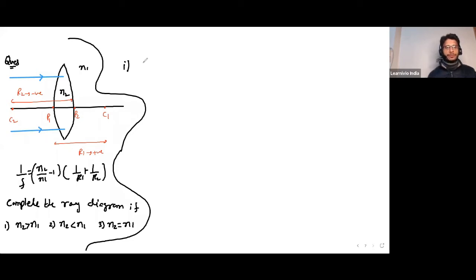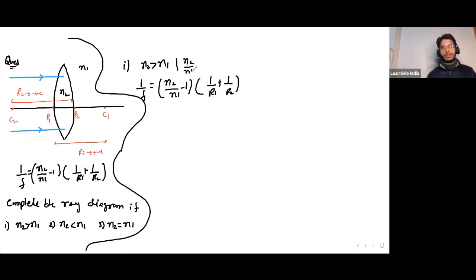So if I take part 1, n2 is greater than n1. I'm writing this equation again: 1 by f is (n2 by n1 minus 1) into (1 by R1 plus 1 by R2). If n2 is greater than n1, that means n2 by n1 is greater than 1. Can you decide whether the term n2 by n1 minus 1 is positive or negative? Yes, because the first term is greater than 1, it should be a positive term.